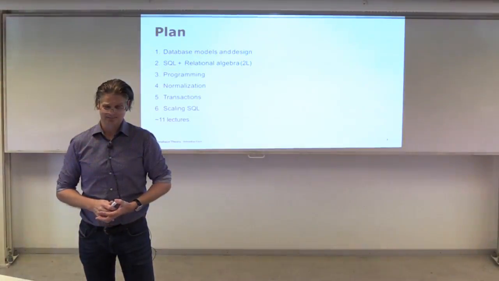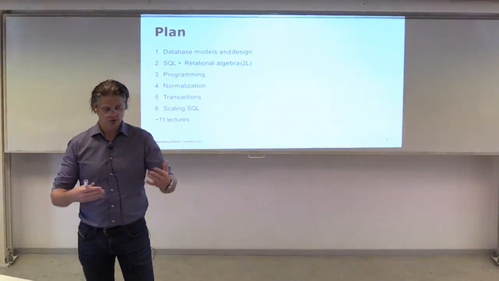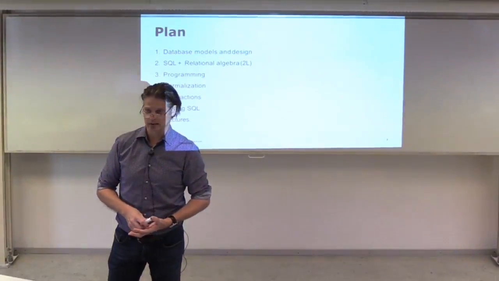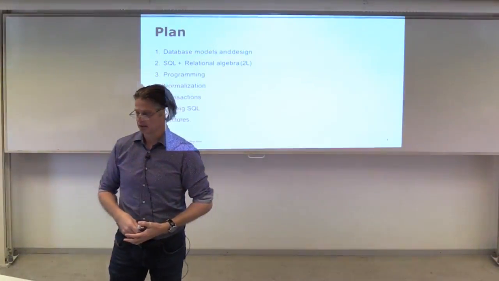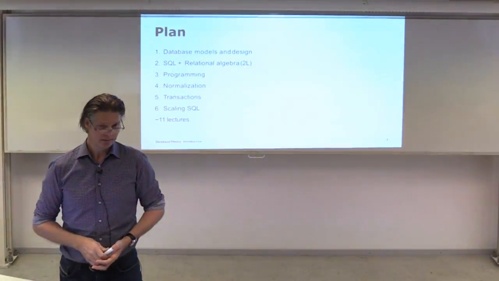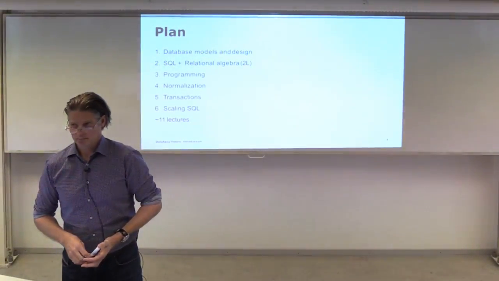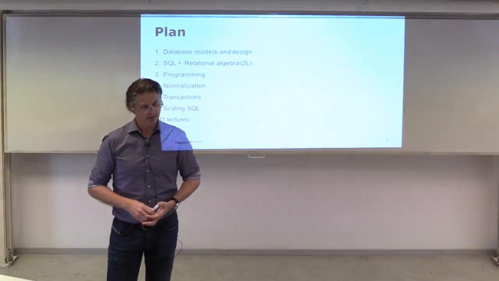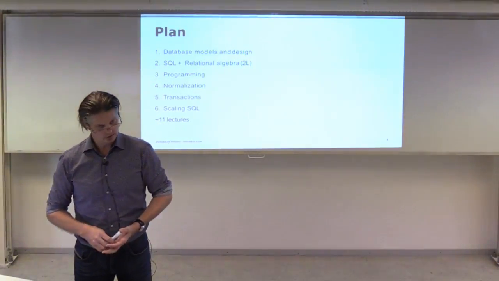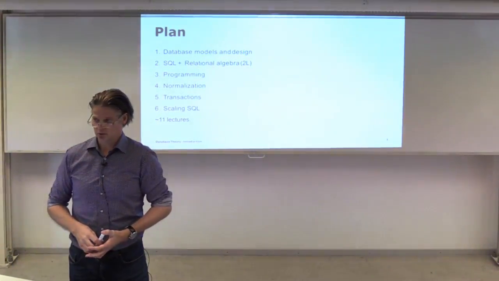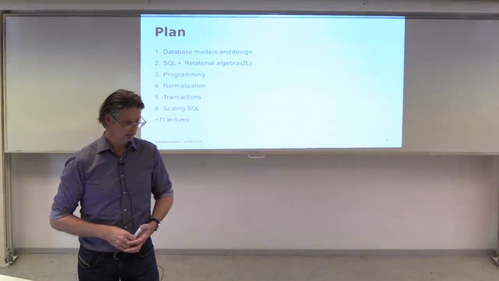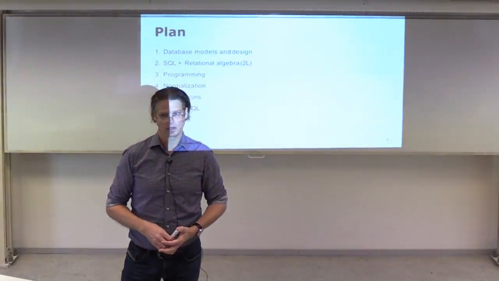So I might spend, say, 2 lectures on normalization, and I might spend 3 of them on modeling and the design of it. Because sometimes when you're creating a database system, you will end up with a real mess, and when a database is messed up, you are in trouble.